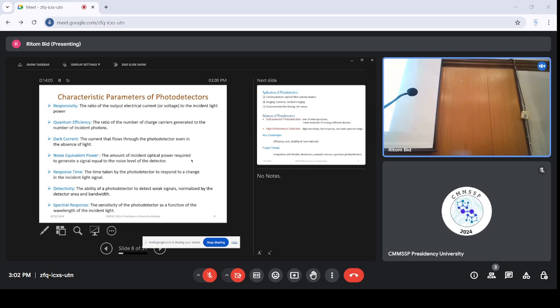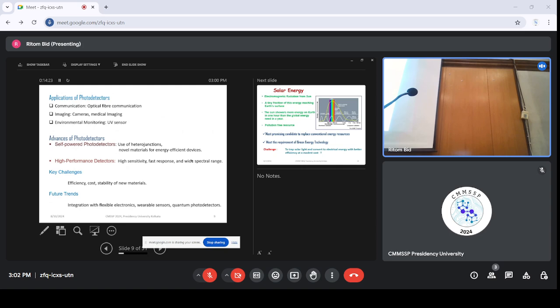Spectral response is another important parameter that gives you the sensitivity of the photodetector as a function of the wavelength of the incident light. If it can detect a wide range of the electromagnetic spectrum, that is good for broadband photodetectors. You know that photodetectors have various applications: communications, camera detectors, UV sensors, and environmental monitoring. Recently, people are trying to develop self-powered photodetectors.